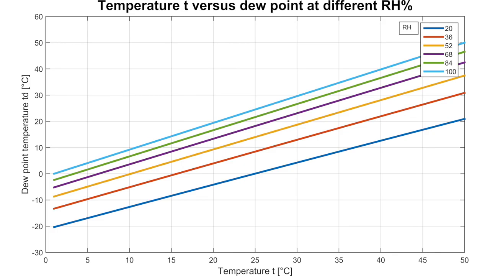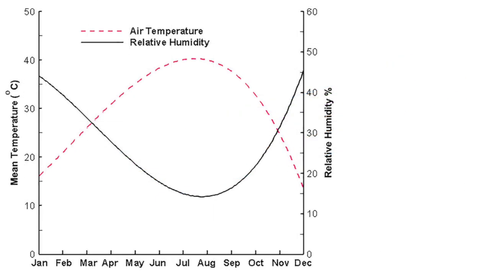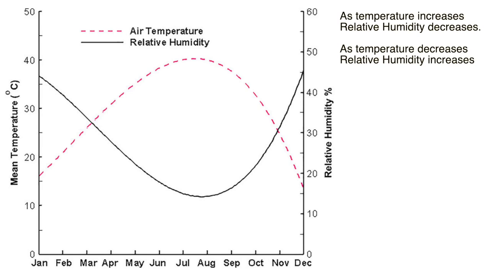It is to be noted that the dew point is different from relative humidity, which varies with the temperature. That means for a constant absolute humidity, as the temperature increases, the relative humidity decreases, and the opposite. As the temperature lowers, the relative humidity would increase, being closer and closer to saturation.